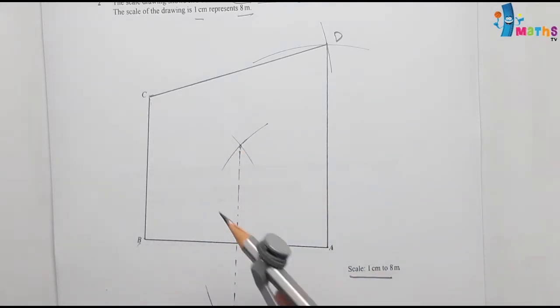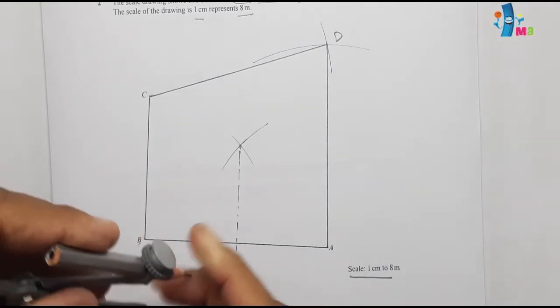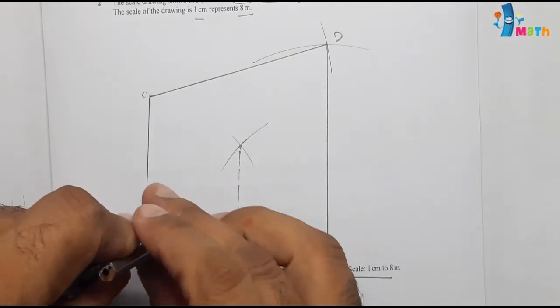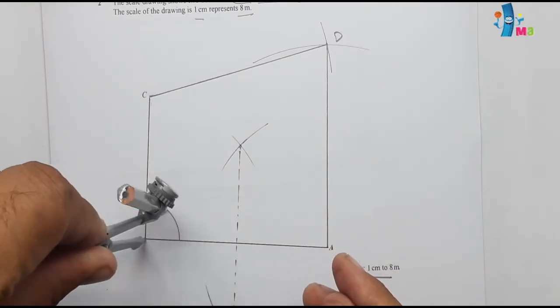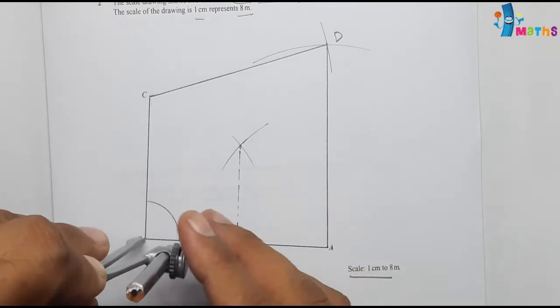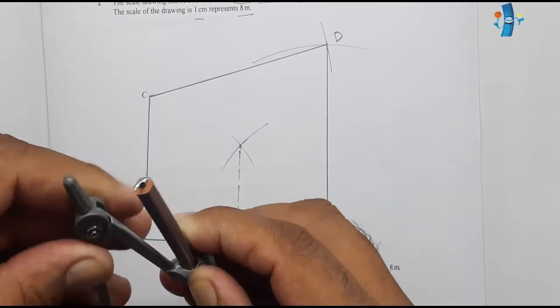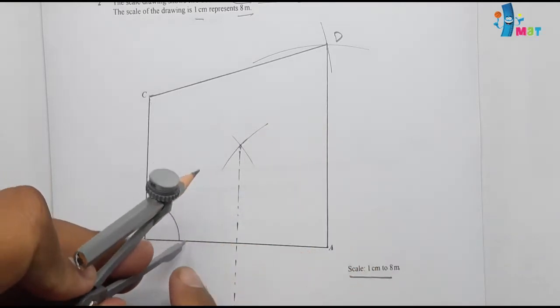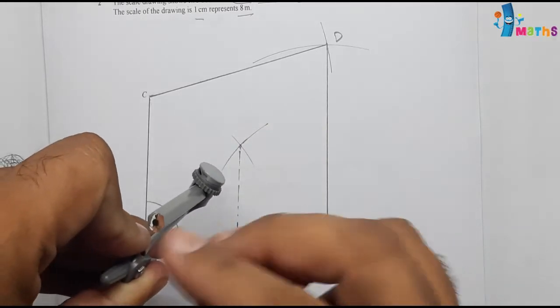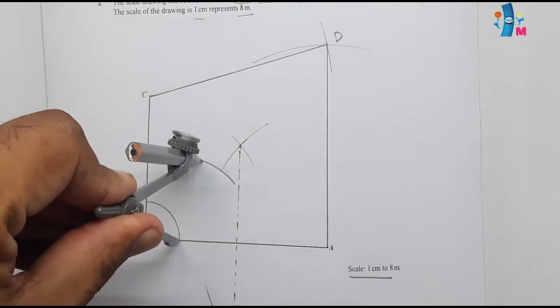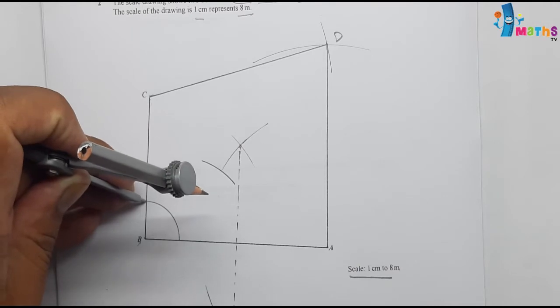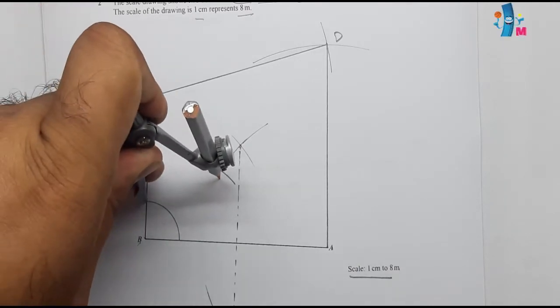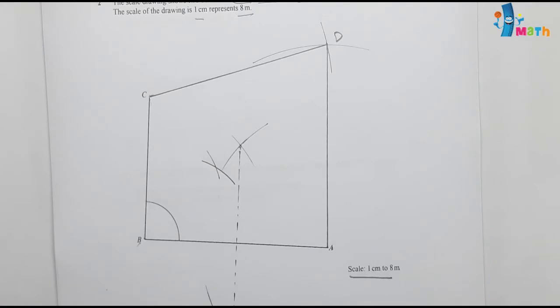We can draw the angle bisector by putting the compass over here at point B and making an arc like this one, and then we will open and draw an arc over here, and another arc from this point we can draw over here. So this will be the angle bisector.